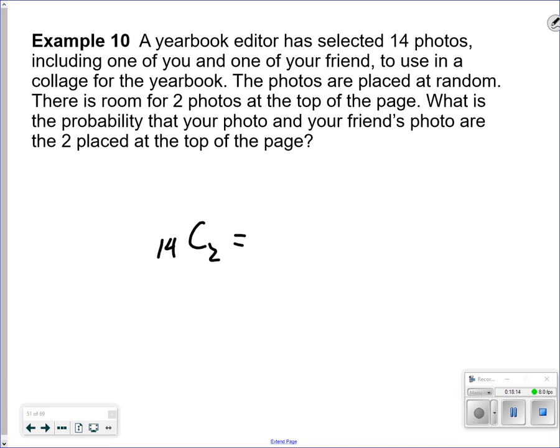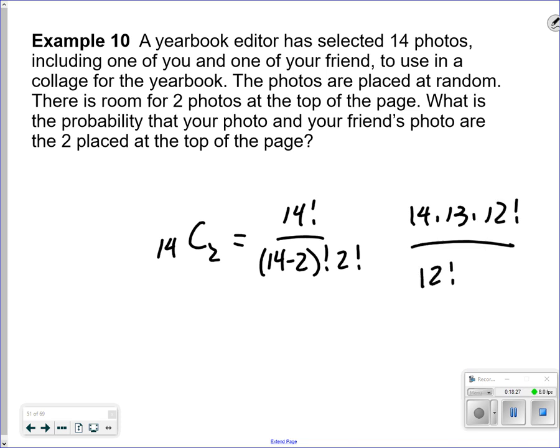The order doesn't make any difference. We just want 2 photos, so that's why it's a combination. So we're talking about 14 factorial over 14 minus 2 factorial, 2 factorial. And again, you do not have to do this by hand, but you're talking about 91 possibilities.